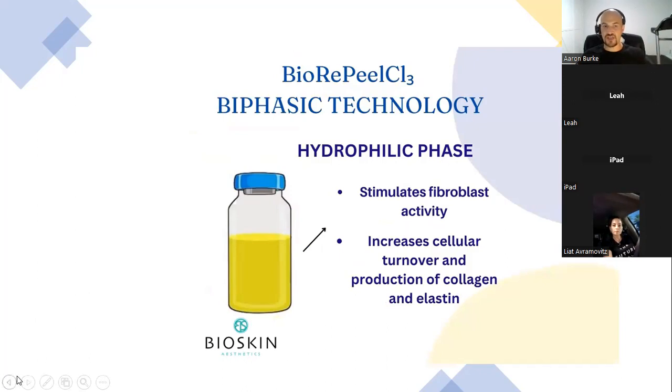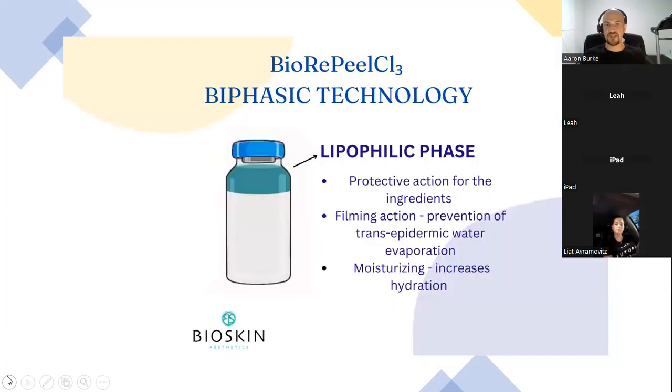But from the other side, it has a set of ingredients that are moisturizing and hydrating in nature, that work in concert with what we call the hydrophilic ingredients, right? That serve to protect the skin and nourish the skin and create this moisture barrier, et cetera.